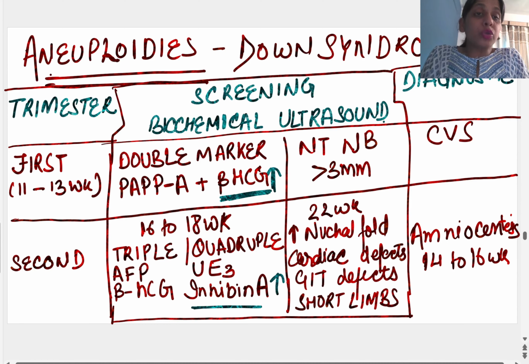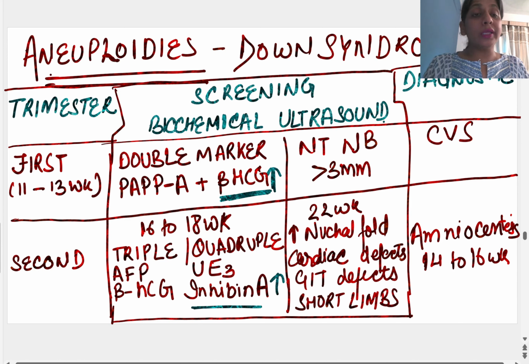So one biochemical parameter is there in the first trimester and one ultrasound parameter is there in the first trimester, and similarly one biochemical test and one ultrasound test are there in the second trimester.